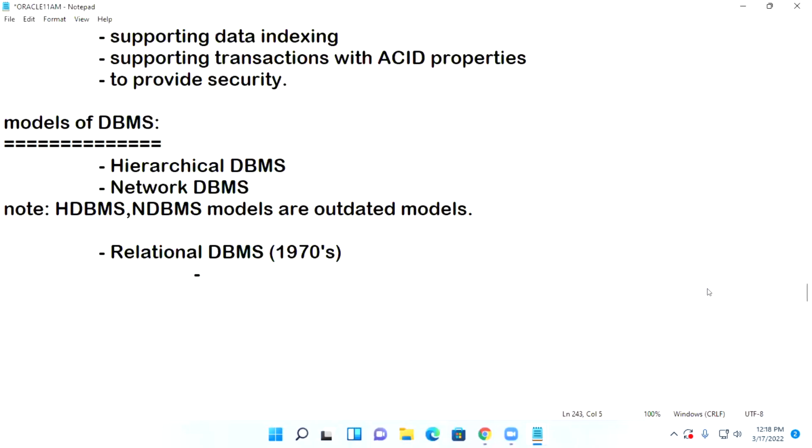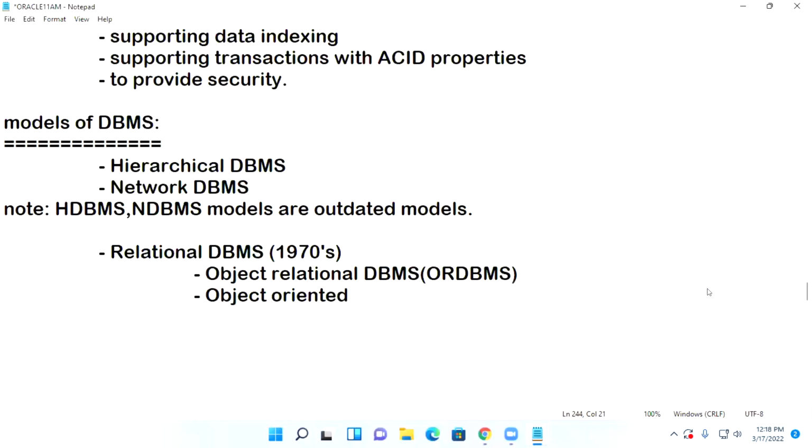The first one is called Object Relational Database Management System, ORDBMS. And the second one is Object Oriented DBMS, OODBMS.